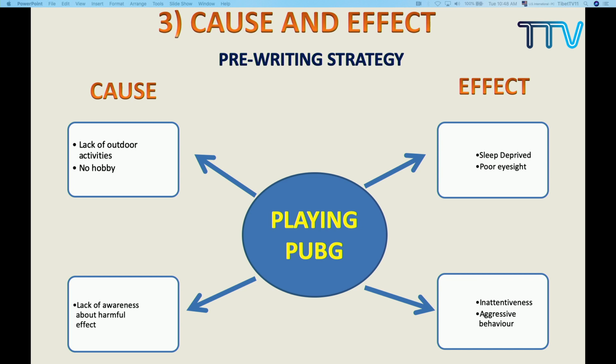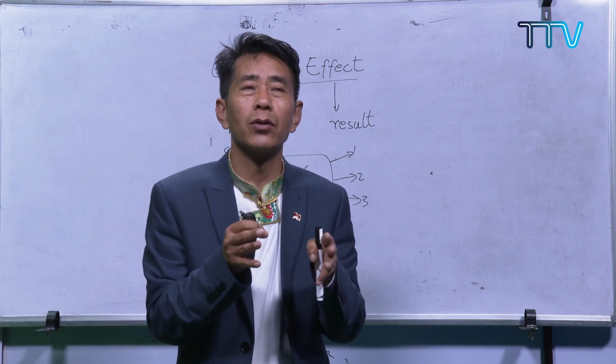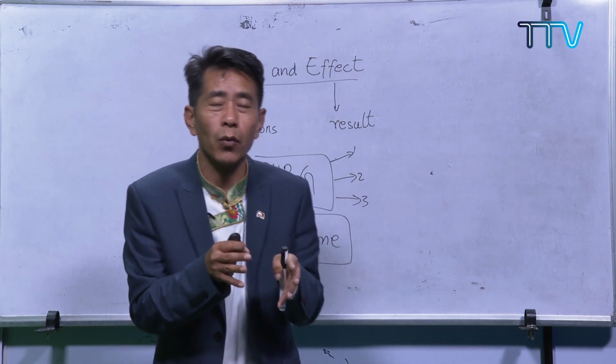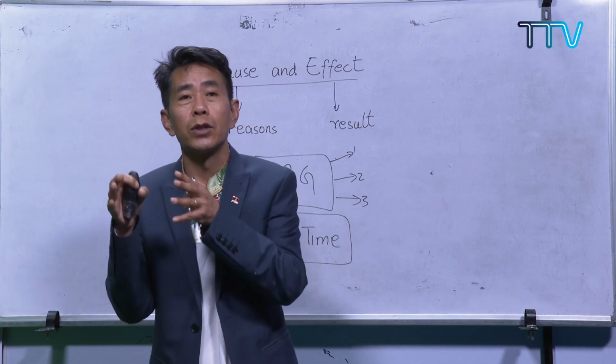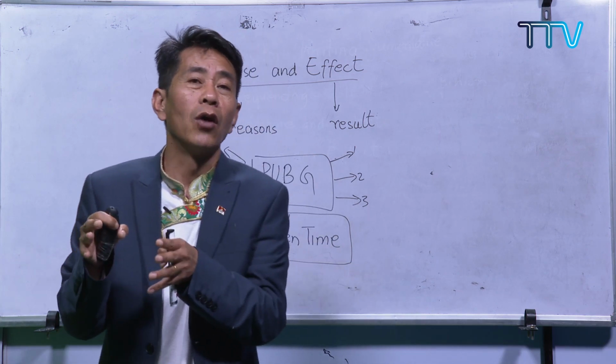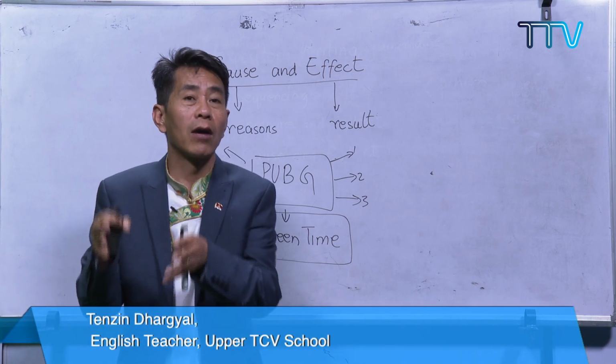So you can write in the pre-writing strategy, and you have got so many ideas. Now you just decide what you want to write. Do you want to write about the causes, why people play PUBG, the reason, or do you want to write a passage on the effects of too much screen time or of playing PUBG?